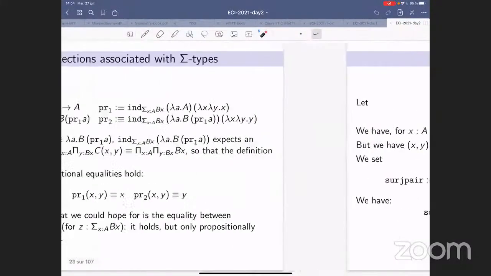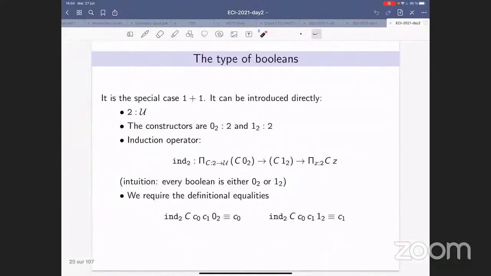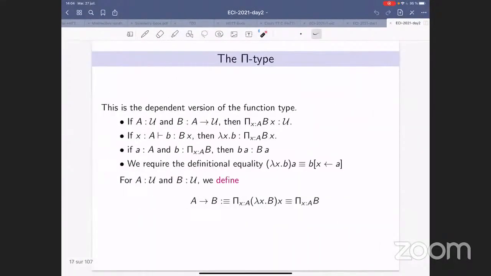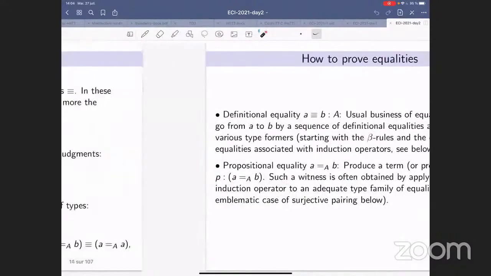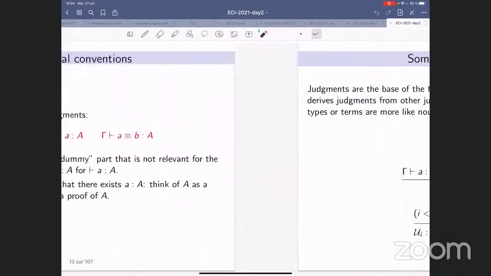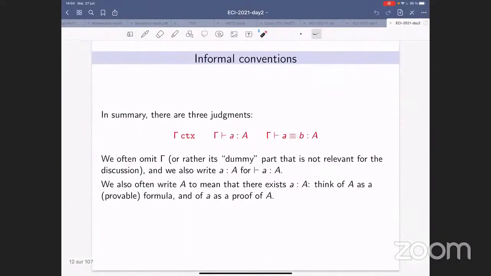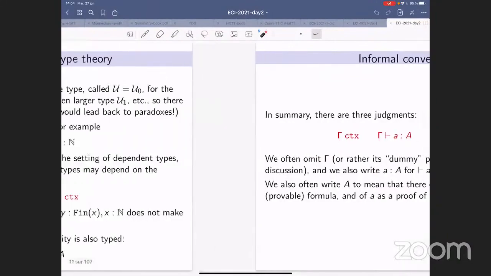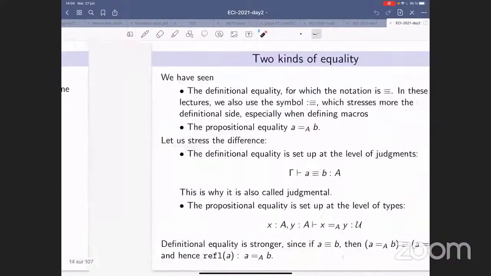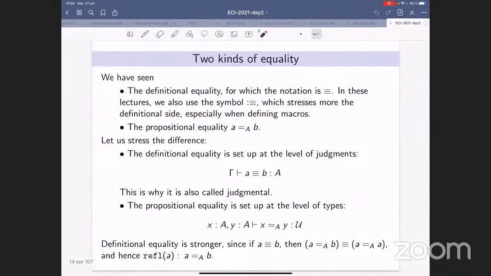And we discussed a lot the two notions of equality that we have at our disposal in type theory, namely definitional equality on one hand and propositional equality on the other hand.